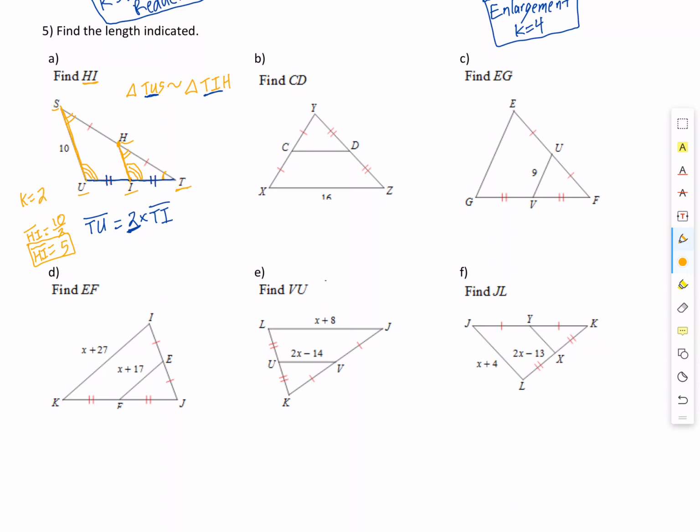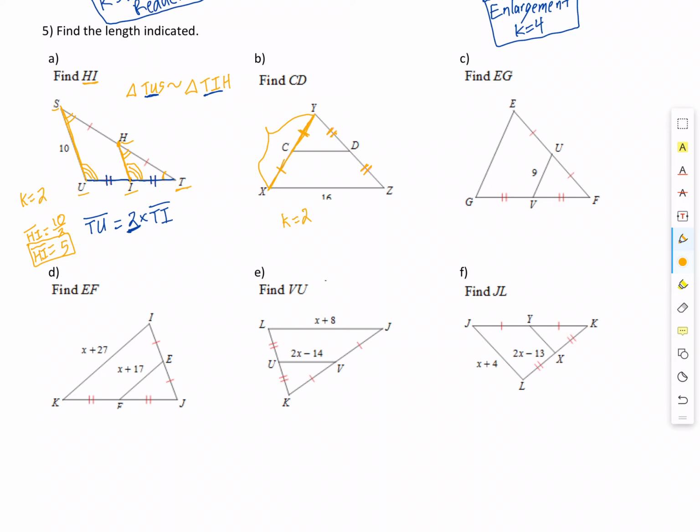Okay, these get a little bit more complicated, but whenever we have a triangle set up, like if we look at B, where those two sides are similar, that means this whole length is 2 times the length of this guy, because we got the same length here and the same length here. So whenever we see a triangle set up like this, it means that our K is 2.